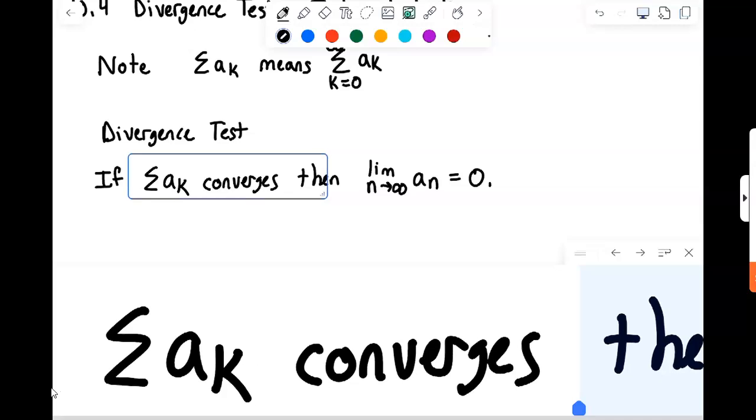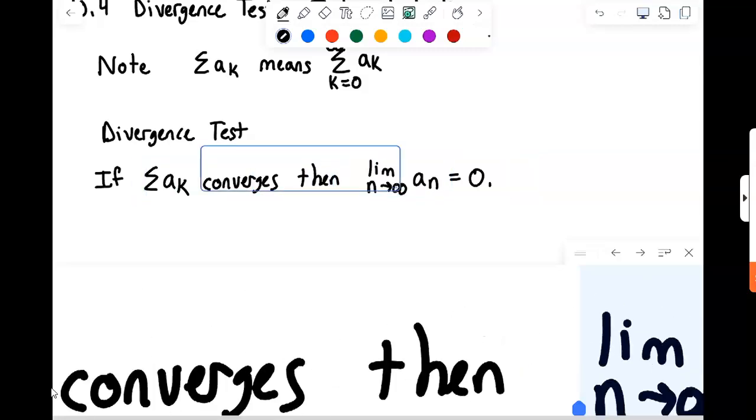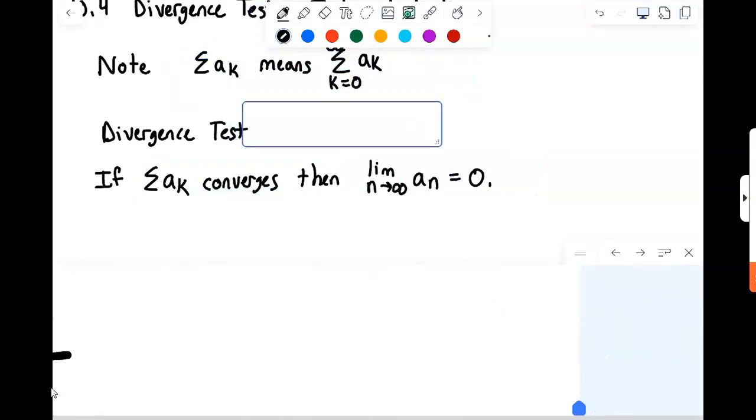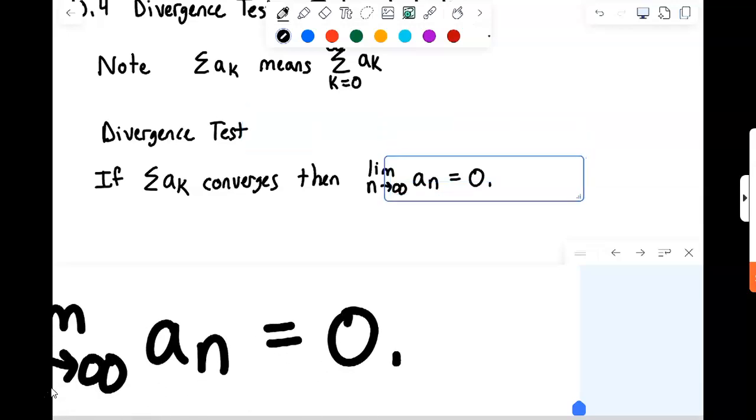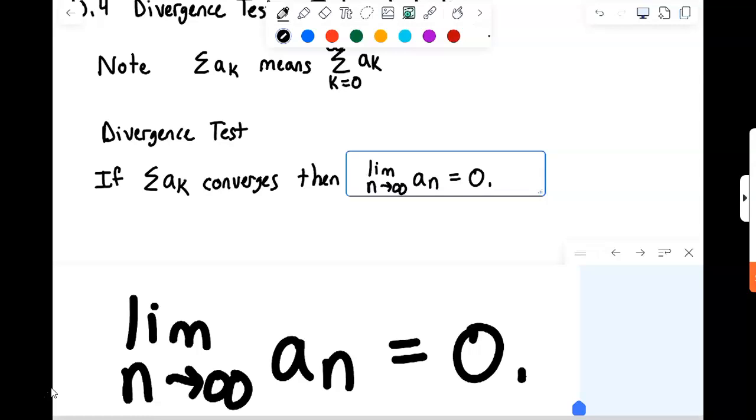If it converges, then the limit of the underlying sequence has to be 0, right? The terms that we're adding up have to be approaching 0. Otherwise, we have no chance of converging, right? Because infinity times 1 over 10 is going to be infinity. Infinity times 1 over a billion is still going to be infinity. So the terms have to be approaching 0. That is a necessary condition. We kind of mentioned that before. Now I state it as a general fact.